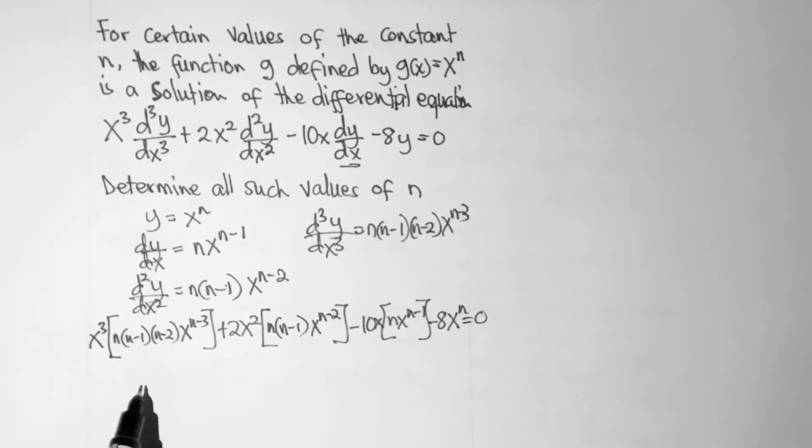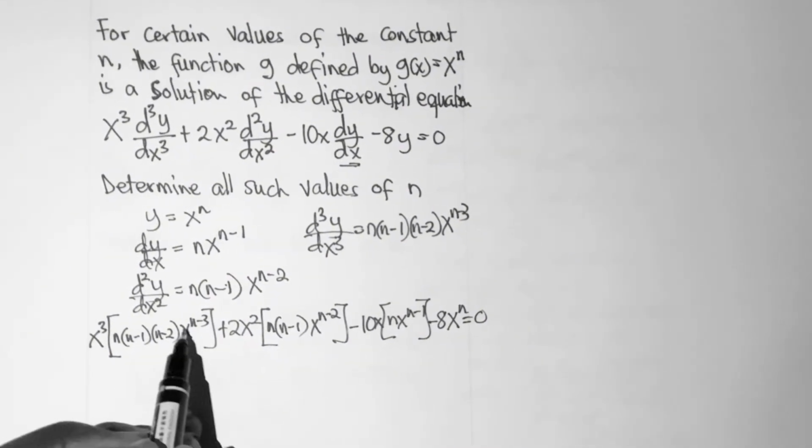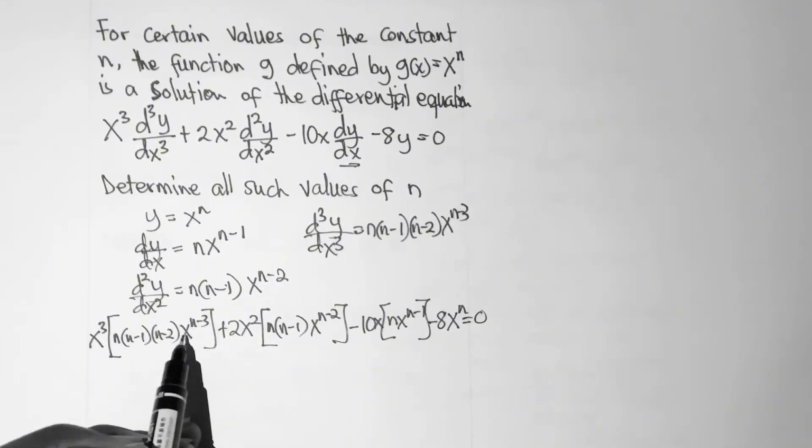All of this is equal to 0. So if we push in x, you see that x exponent n minus 3 times x cubed will give us x exponent n.